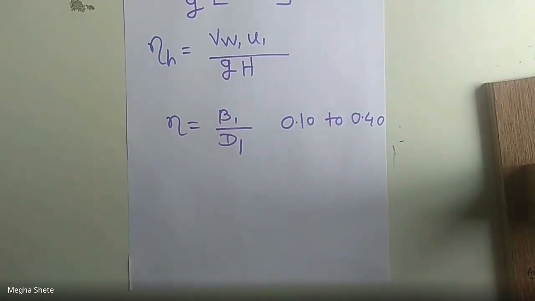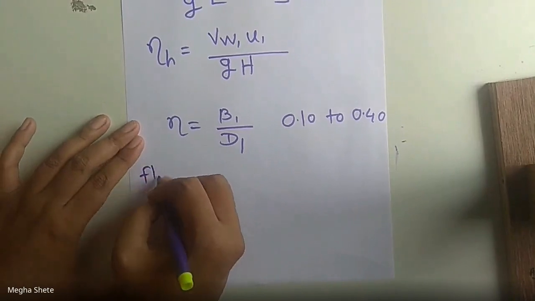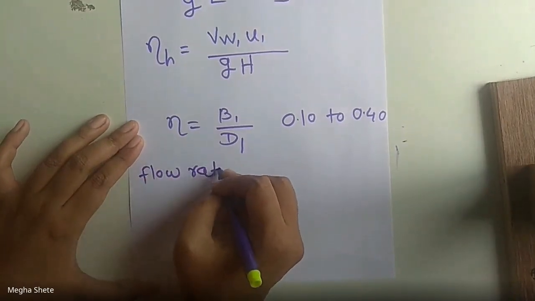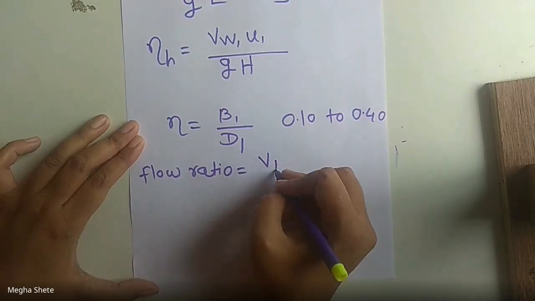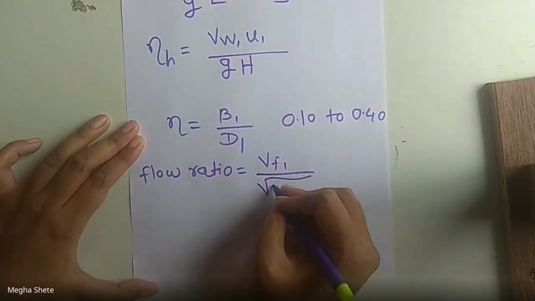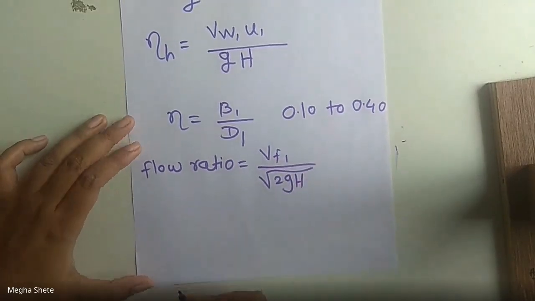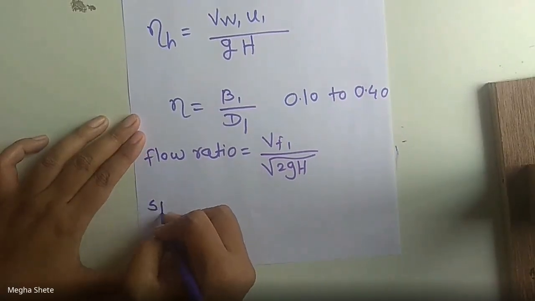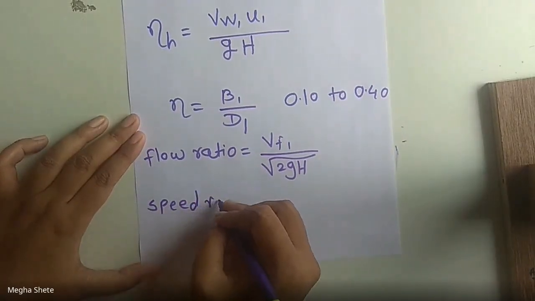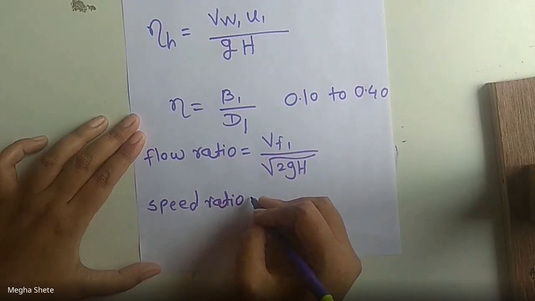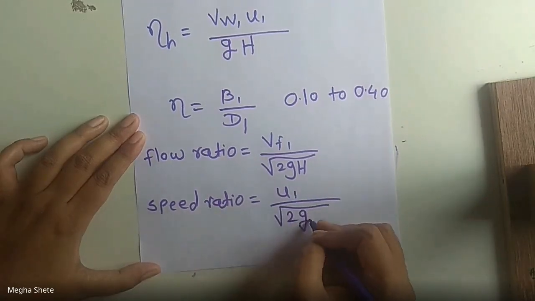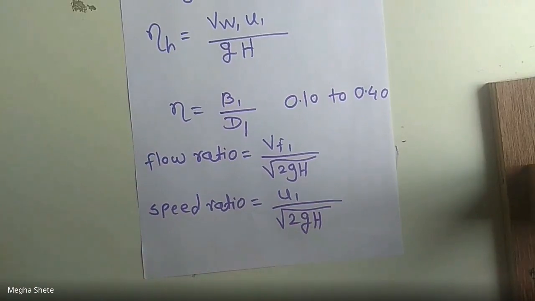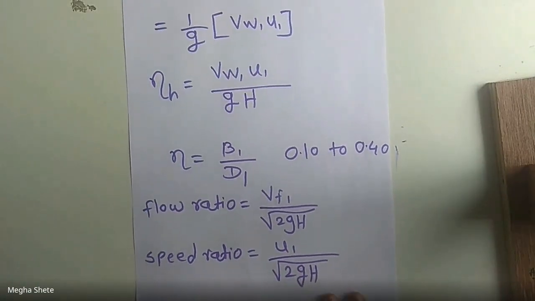The flow ratio is equal to VF1 divided by square root of twice GH, and the speed ratio is equal to U1 divided by square root of twice GH. So note down these formulas.